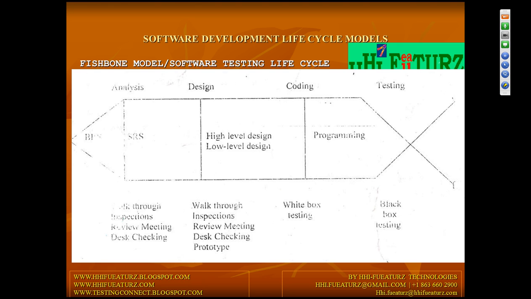But remember, in all of these reviews, which is the best one? The client review. Why? Because he is going to use that application, so he has a very clear picture of what exactly he wants. That's why if something is going wrong, he's the right person to find out and guide you. That is nothing but inspections.